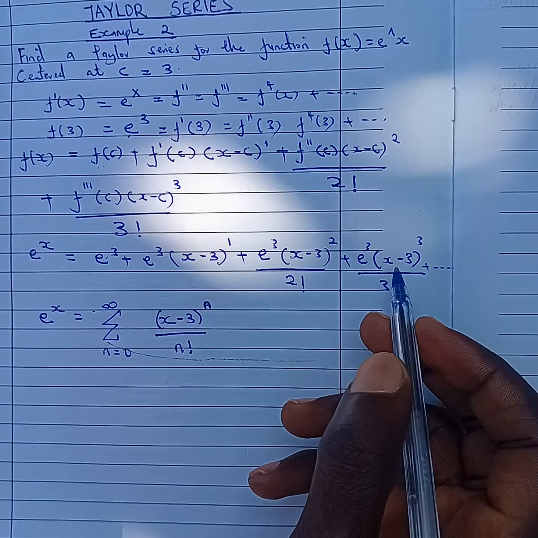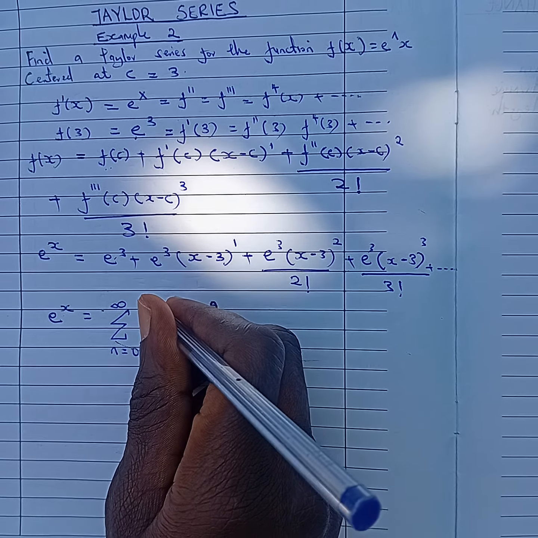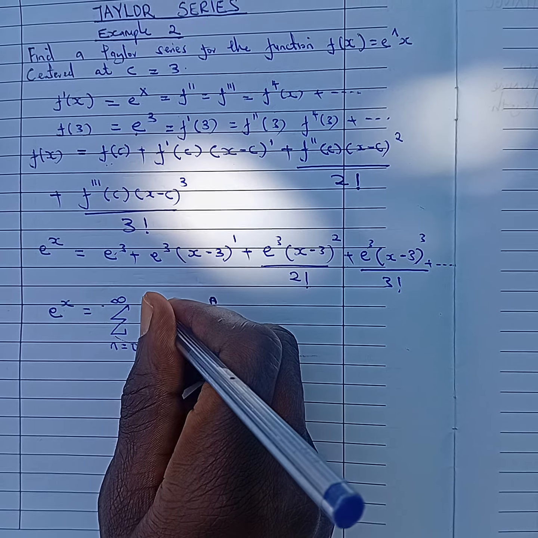E raised to the power 3 affects everything here, so we multiply by e raised to the power 3.